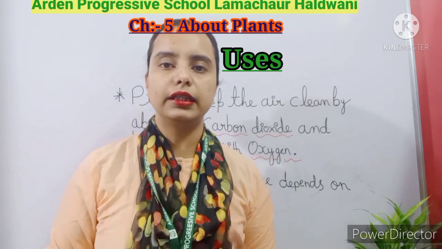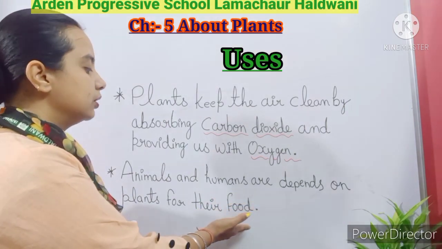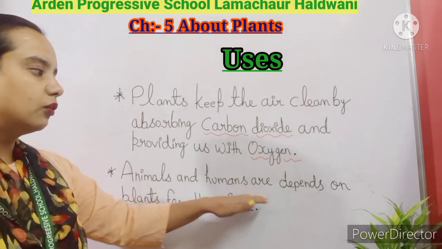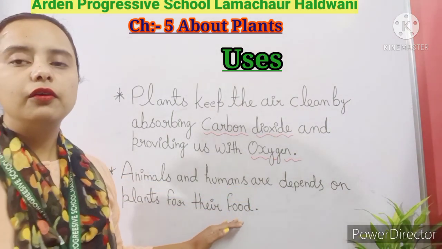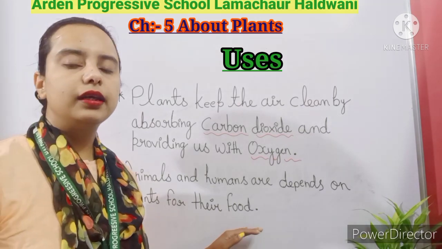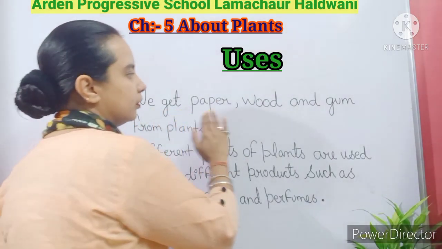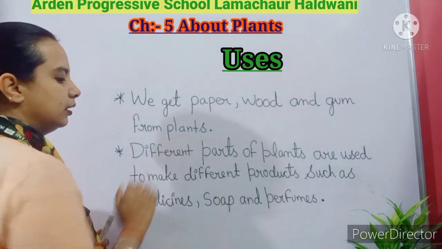So we are getting food from plants, means animals and humans are dependent on plants for their food. Now the next use is we get paper, wood and gum from plants.